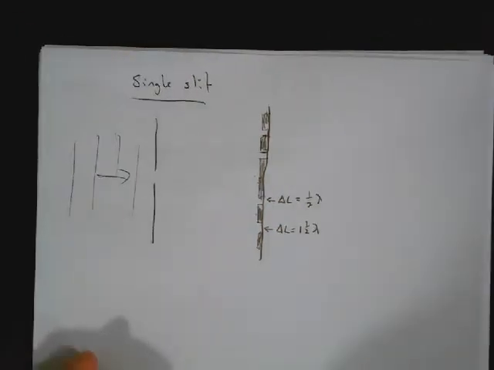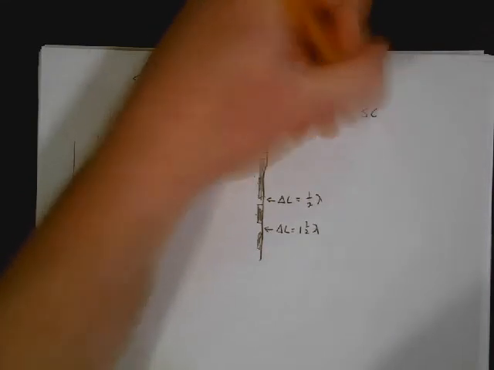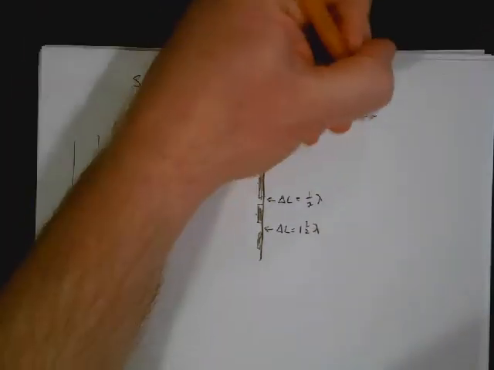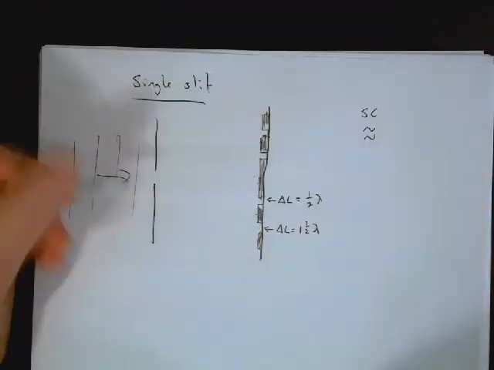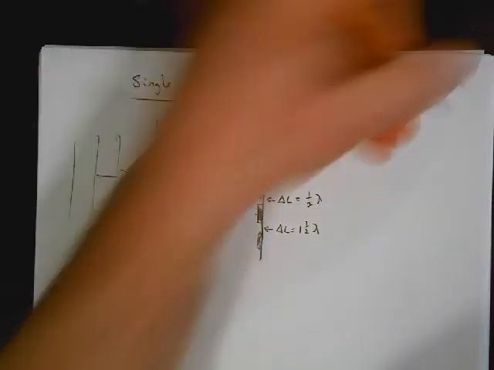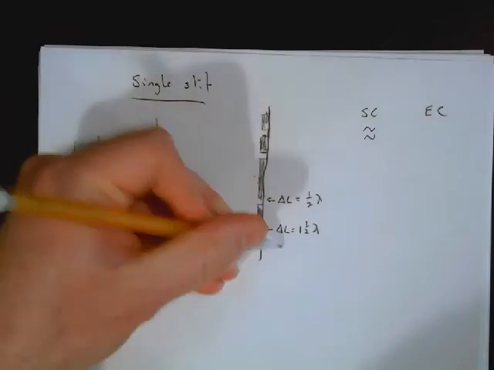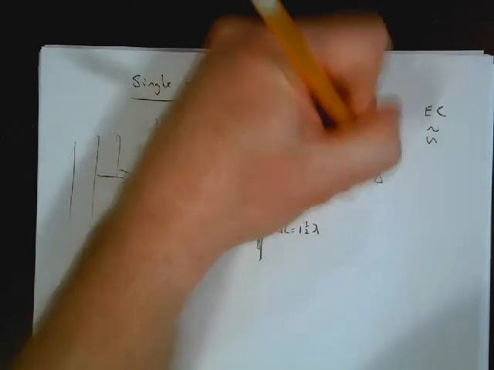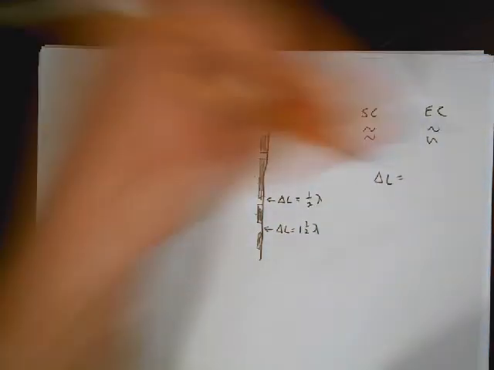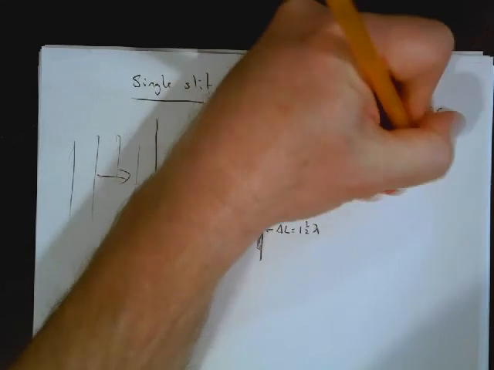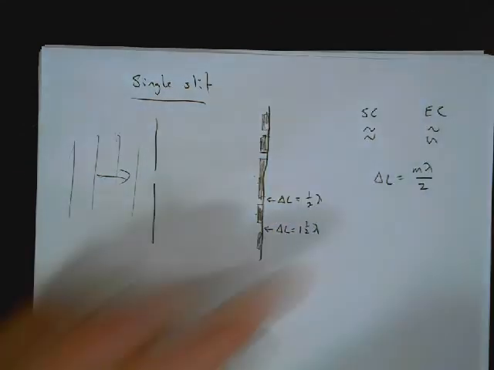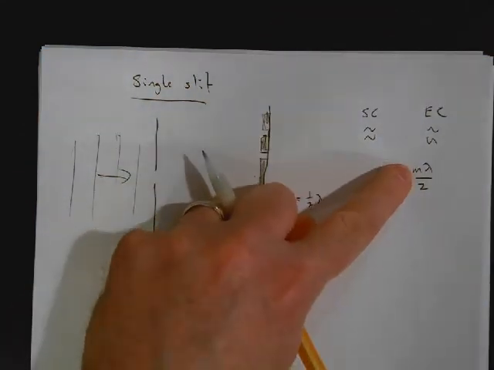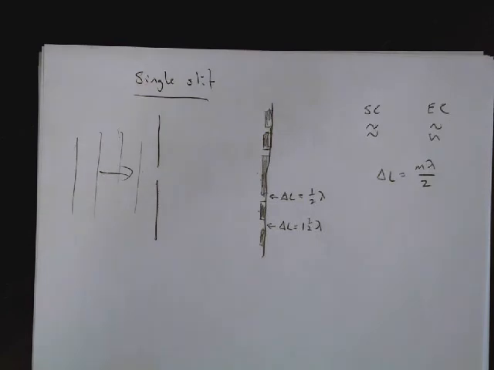So again, if I have my waves coming in, my starting condition is in phase, because the same waves are here, and then my ending condition would be out of phase. Well, that only happens if you are off by a half a wave.